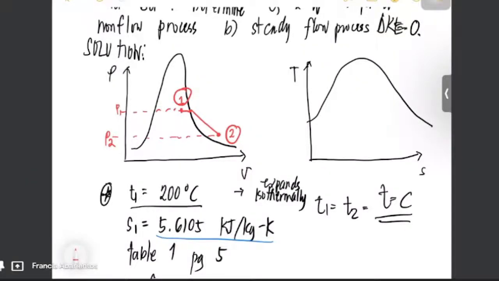Okay. Next, class, sa TS diagram, since this is a 79, sabi ko nga, iba yung pressure at 0.1. Iba din yung pressure at 0.2. Since yung temperature, class, is constant, di ba?